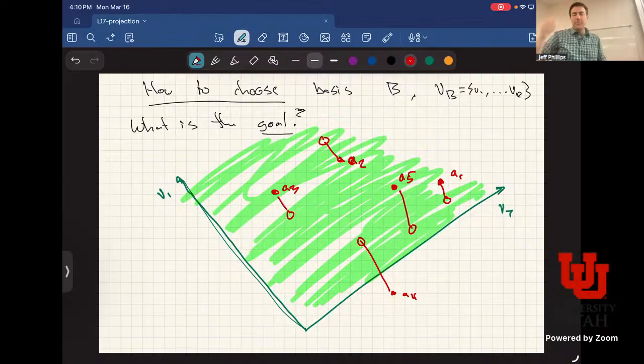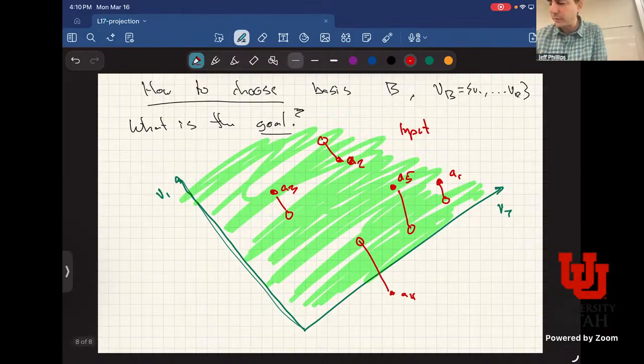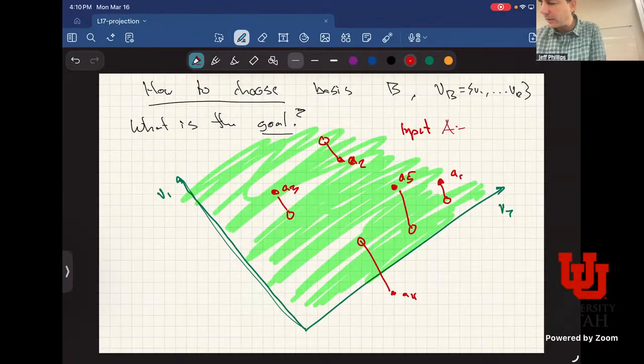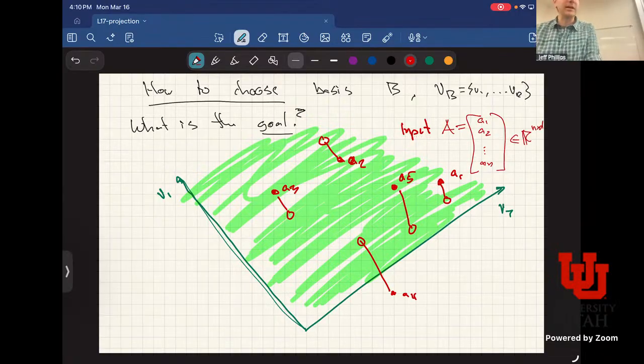Remember, my input is going to be A, which is this matrix with rows A1, A2 up to AN, so this is N by D. I'm given as input a set of N vectors, each in D-dimensional space, and I want a projection that is good for all of them in some way.